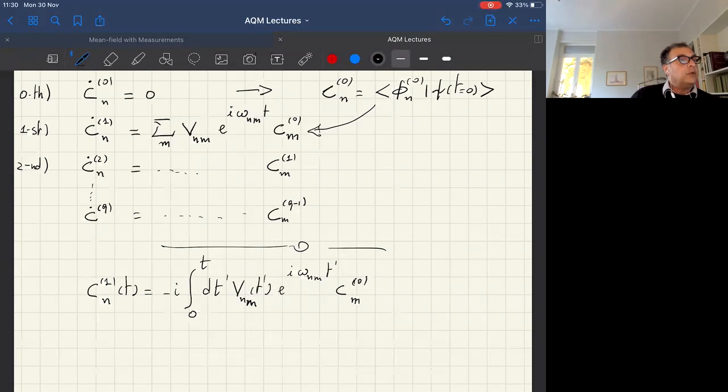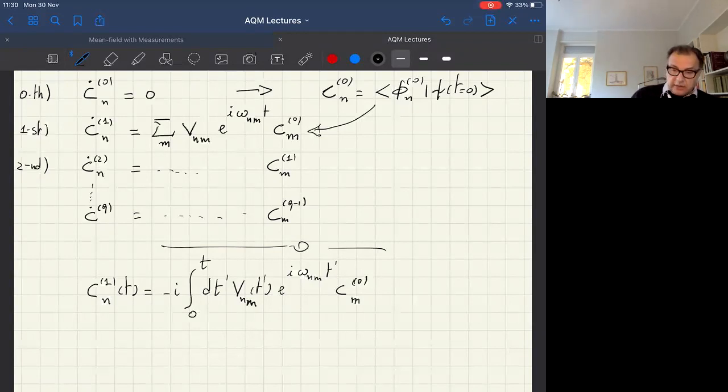Sorry. Let me do something. So let's consider in particular a given situation. Is this clear? I just integrate this equation, where these coefficients are given.